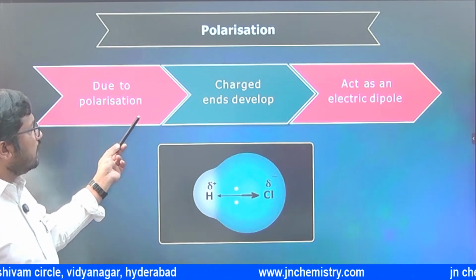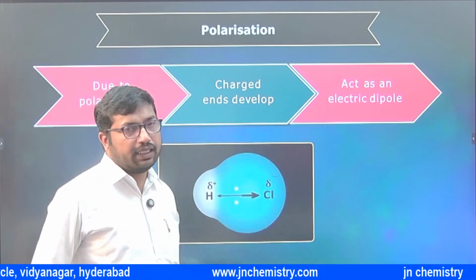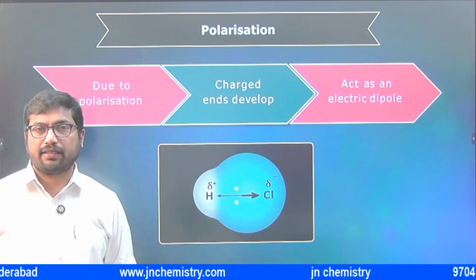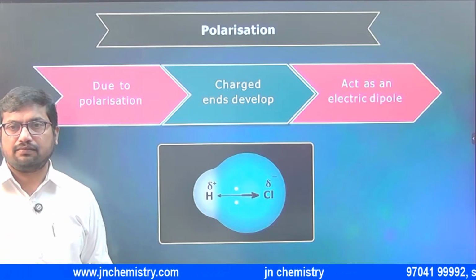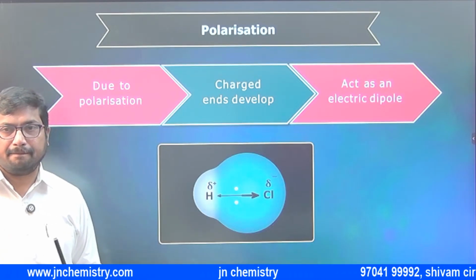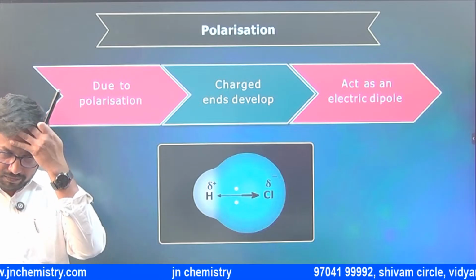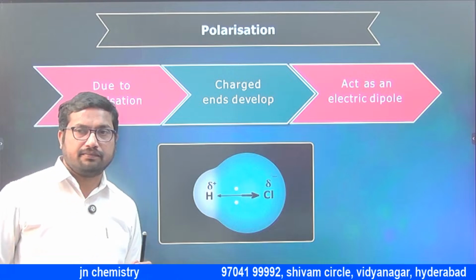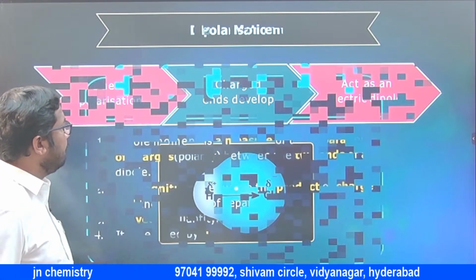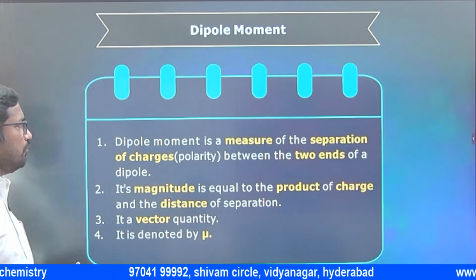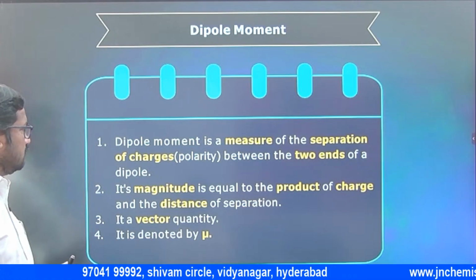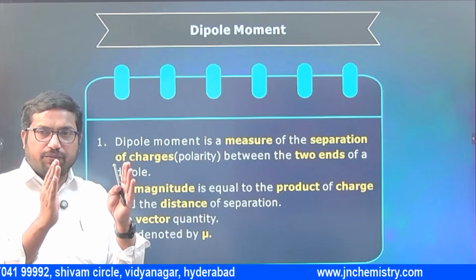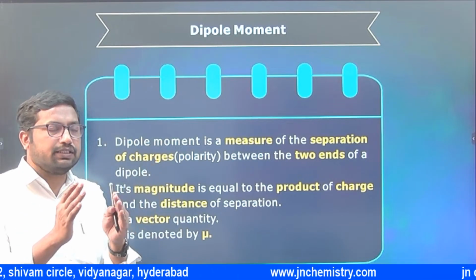Due to polarization, the charged ends act as an electric dipole. Dipole means two poles. Because of the electronegativity difference, one is a positive pole and one is a negative pole, so two poles are forming, that is nothing but a dipole.